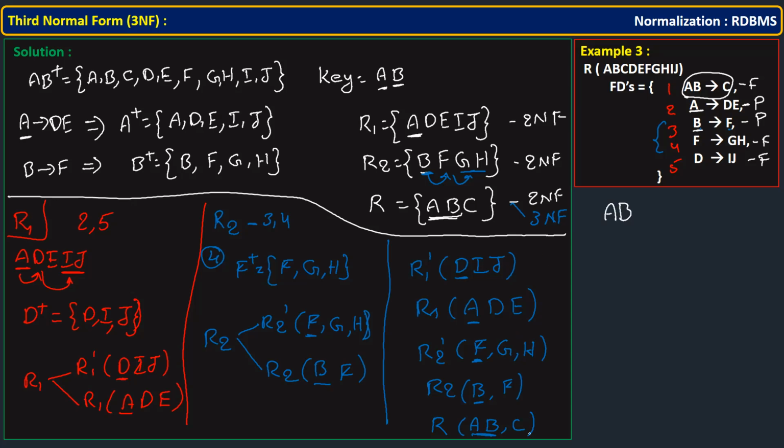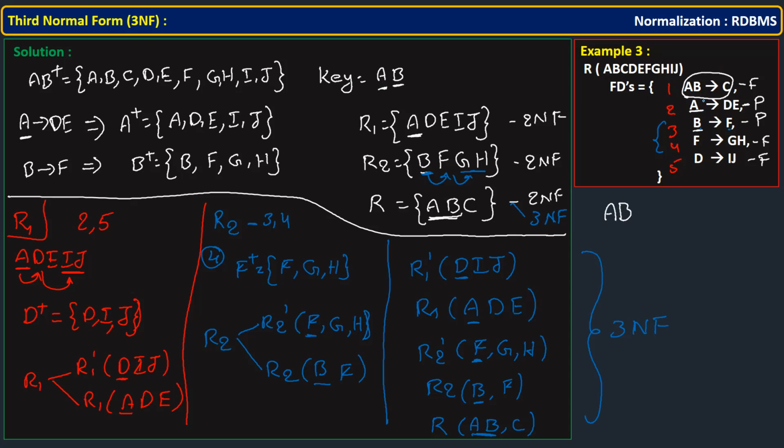Now all of them are in the third normal form. That is what we need, right? We have to split this up to third normal form. So in this way, if anybody tells you to split the table up to third normal form, first find the key. After finding the key, check every FD to see whether it is a full or partial functional dependency.